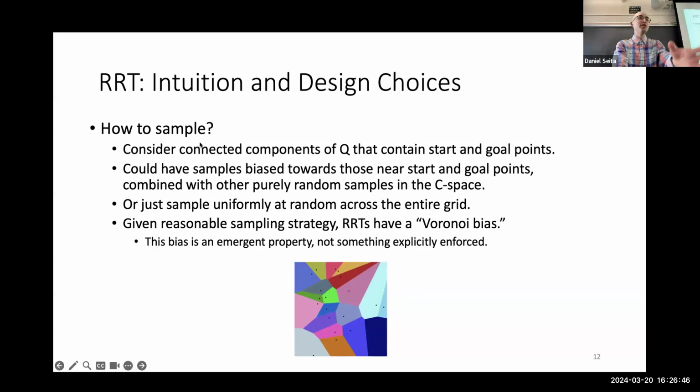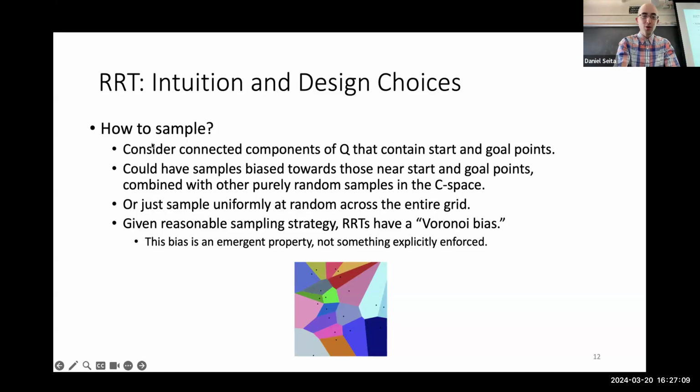One strategy people have used is, if you have different components where your starting point and your goal point are, to sample points in those regions and then grow the tree in that direction.